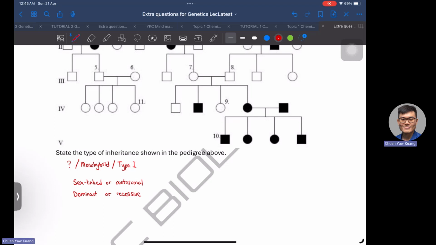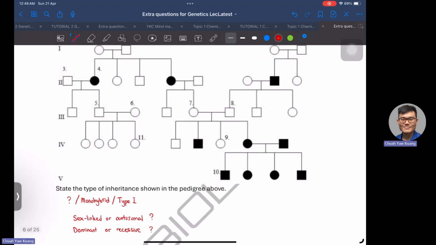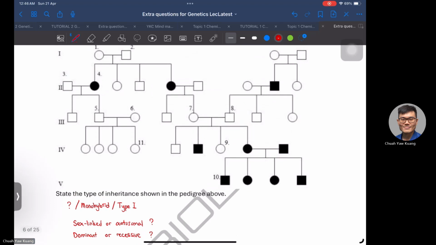These are the two things we can find out based on the pedigree. First thing first, sex-linked or autosomal: as mentioned in the mind map before, we need to see whether both male and female have an equal chance to get affected or not.